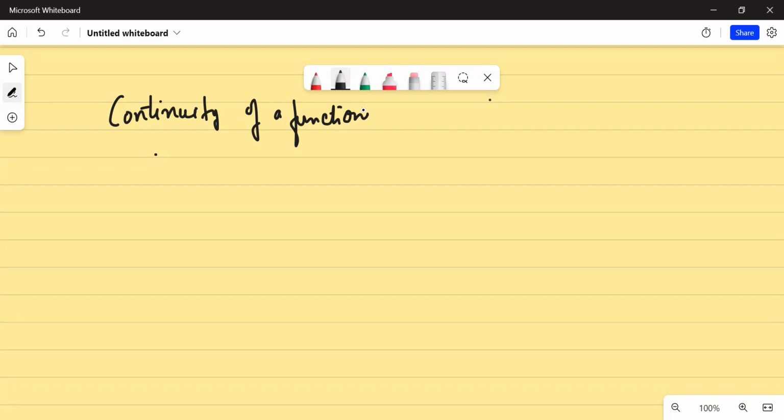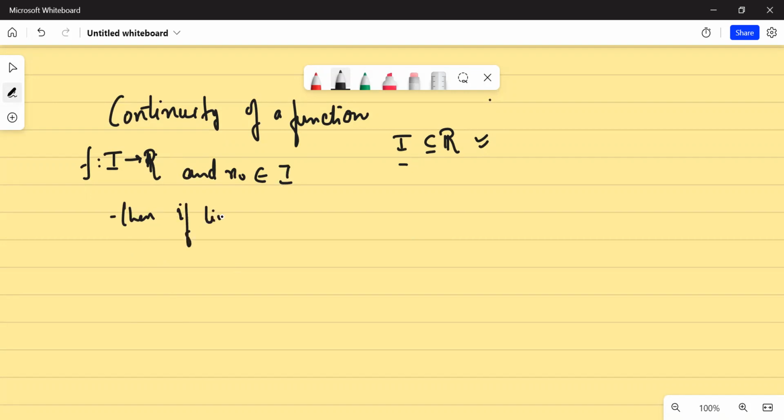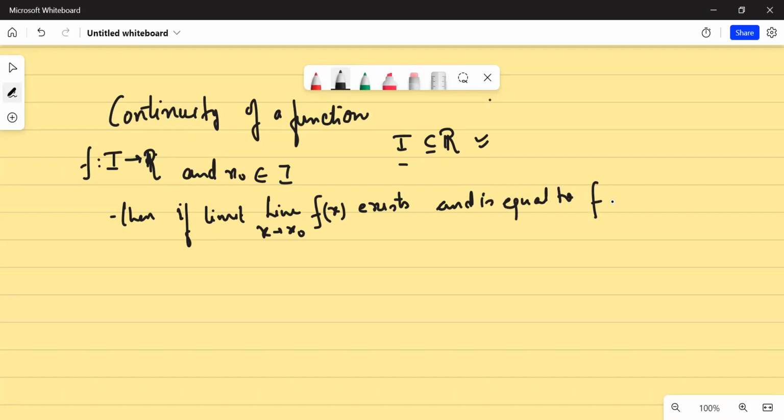Let's say my function f is defined on interval I, where I is a subset of real numbers, and there is a point x naught which belongs to I. Then if limit x tends to x naught, f of x exists and is equal to f of x naught, then we'll say that f is continuous at x naught.